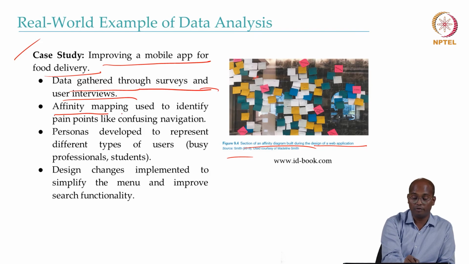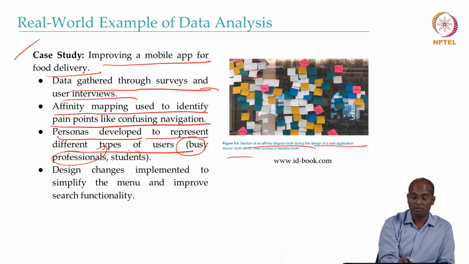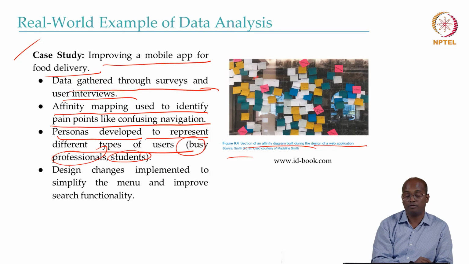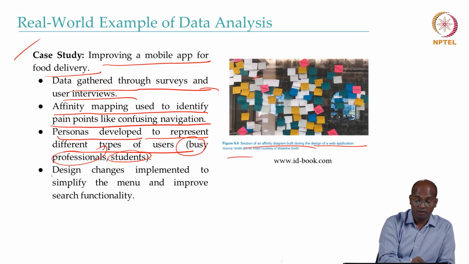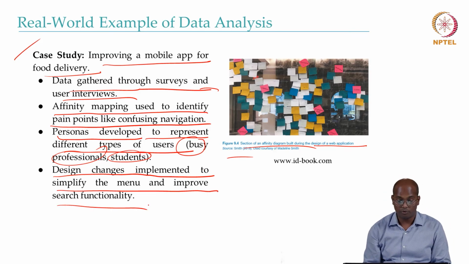Similarly, you can build affinity mapping used to identify pain points like confusing navigation. Similarly, you develop personas to represent different types of users. For example, you may have busy professionals, students, housewives, or anybody else. Similarly, design changes are implemented to simplify the menu and improve search functionality based on the users you have.